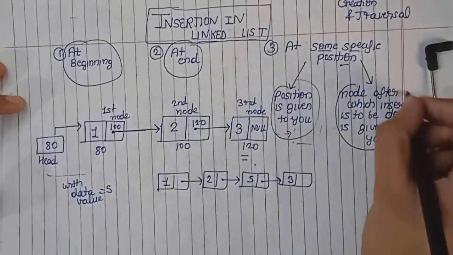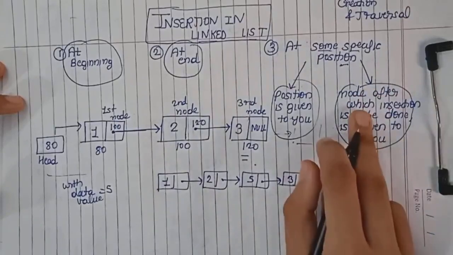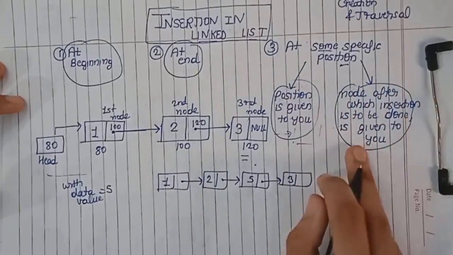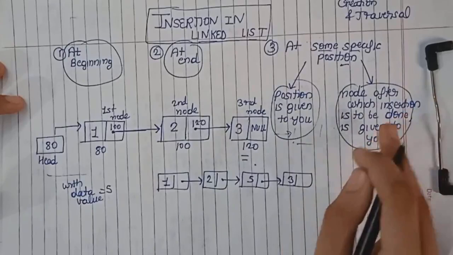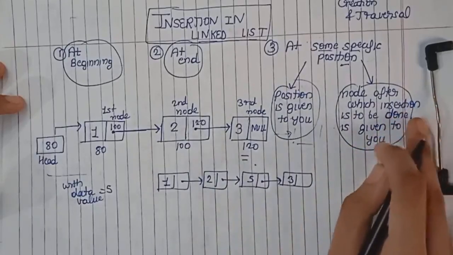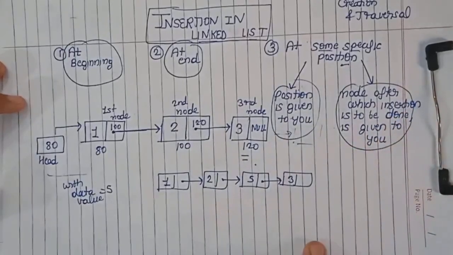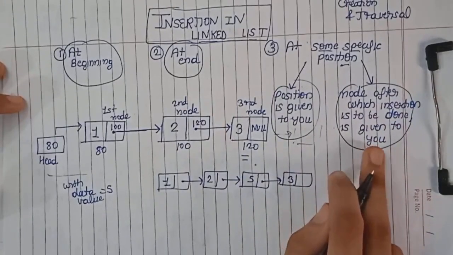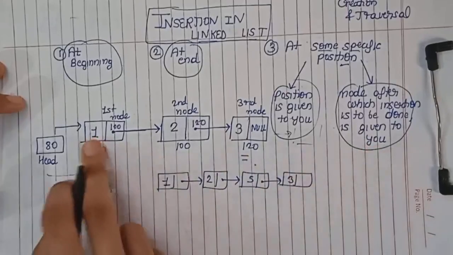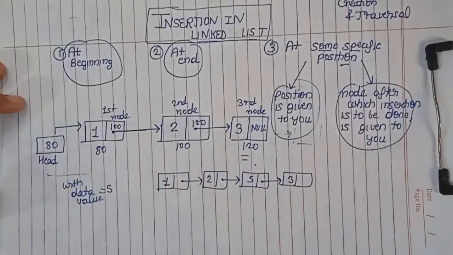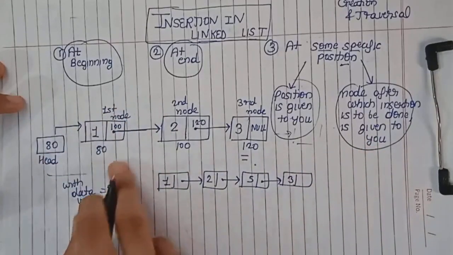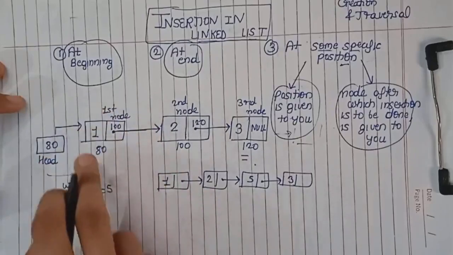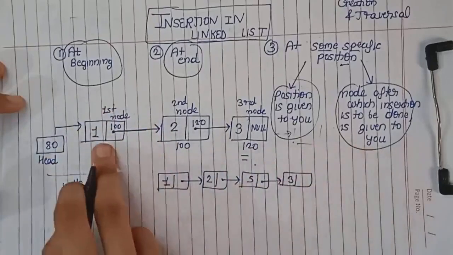And it is also possible that they provide you the node after which the insertion is to be done. That is, they ask you to insert a new node after this first node. Then they will provide you the address of this node and you need to insert a new node after this.